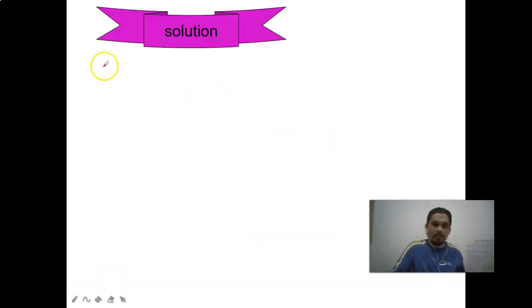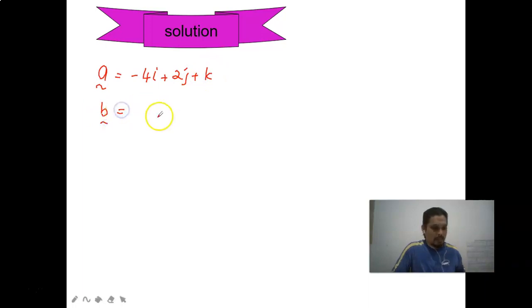Okay, I write again both vectors A and B. Vector A equals negative 4i plus 2j plus k, and vector B equals 3i minus 3j plus k.